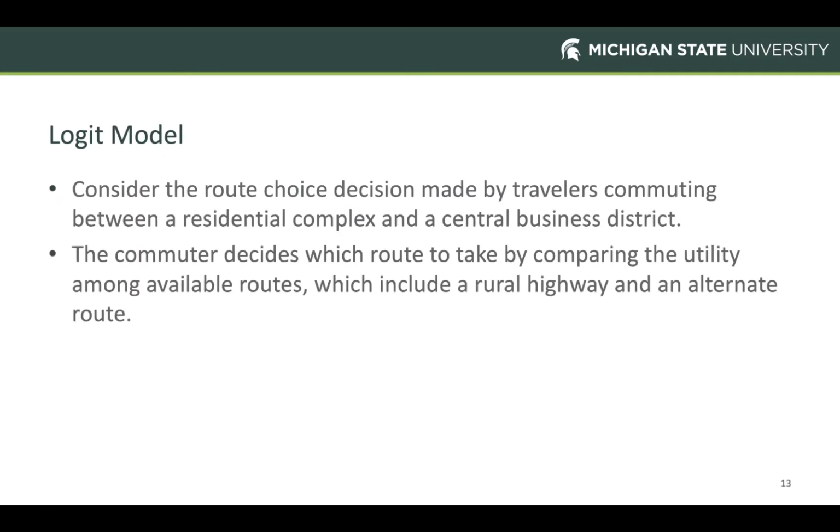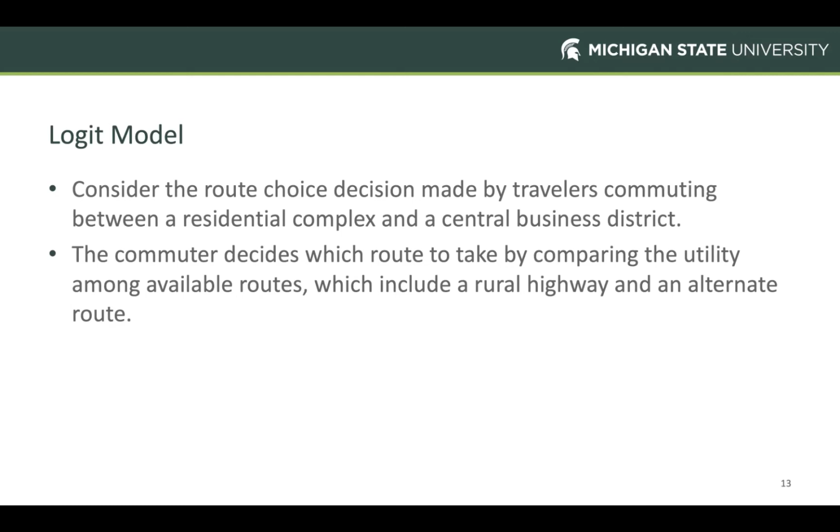And so the example we're going to work through today, we're going to return back to that State College, Pennsylvania travel data set where we had commuters making the morning commute from a residential area to a central business district. And so in that setting, there are a number of different routes that these individuals would have available to them.